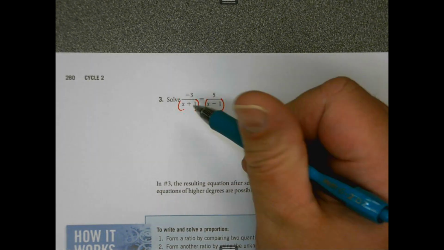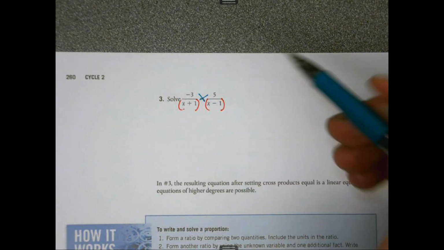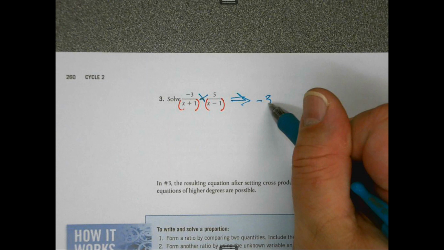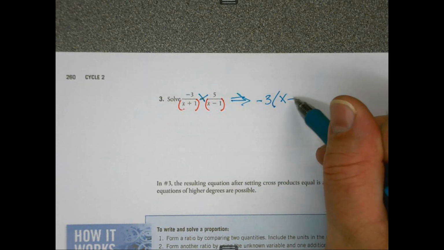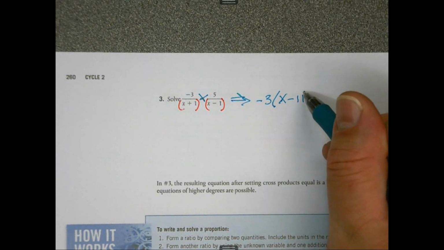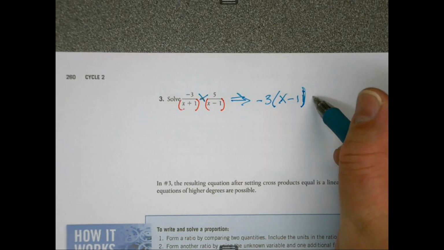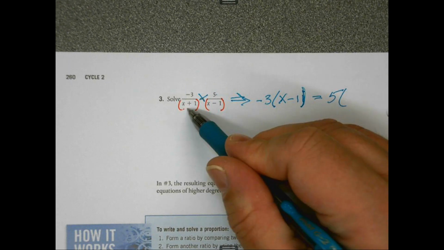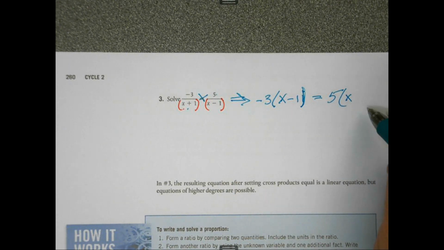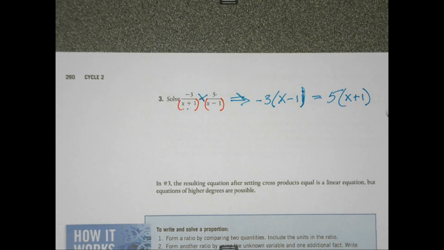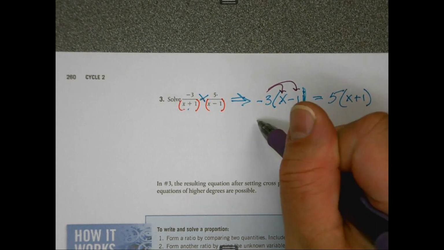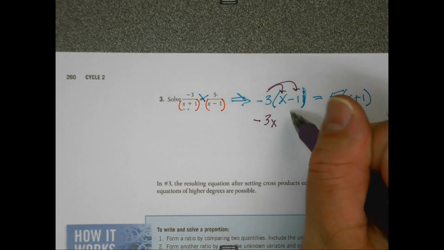Distribute. Negative 3x plus 3, negative 3 times negative 1 is 3. 5 times x, 5x, 5 times 1 is 5. I'm going to add 3x just because I like my variables positive. So I get 3 equals 8x plus 5.